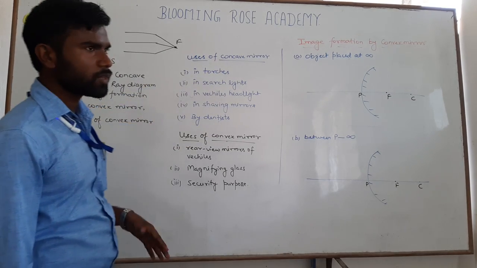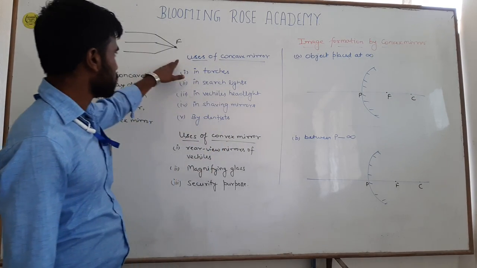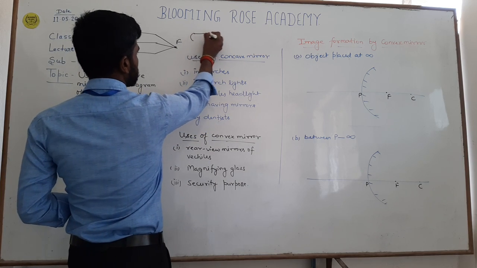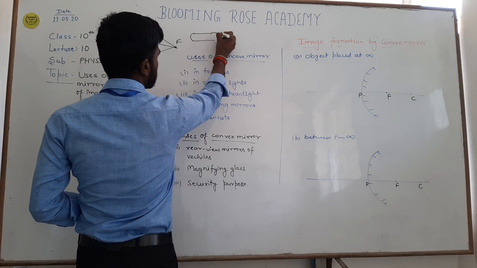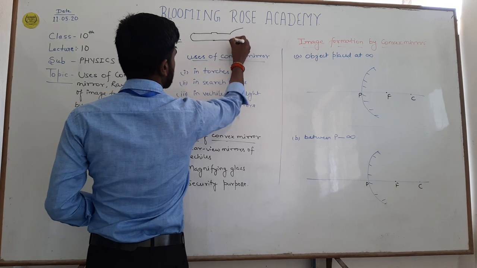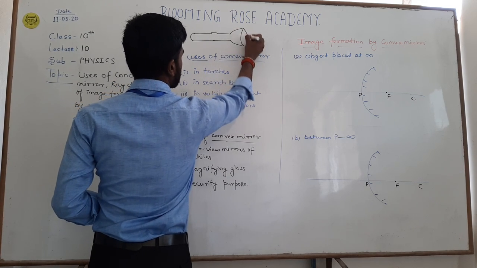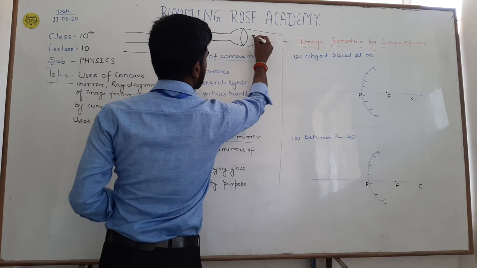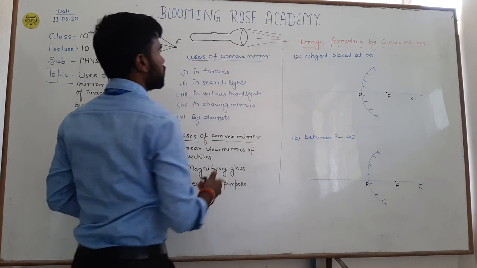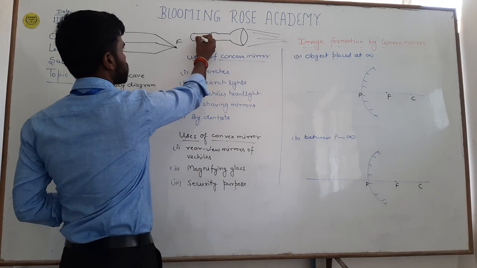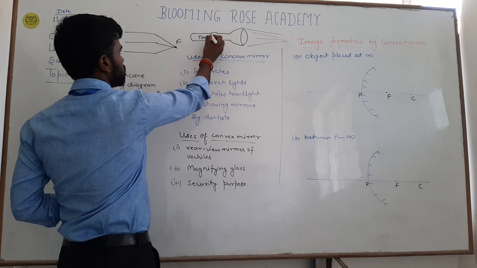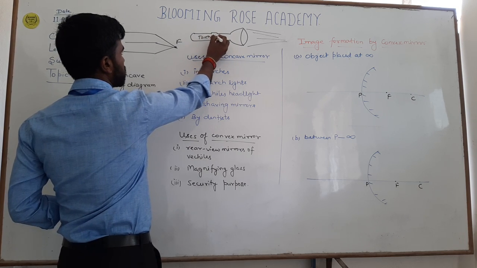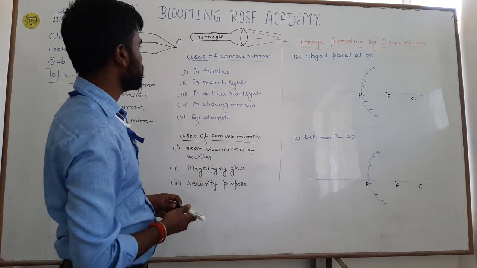As you know, when you switch on a torch light, its beam is concentrated at a place, due to which we can easily see any object.